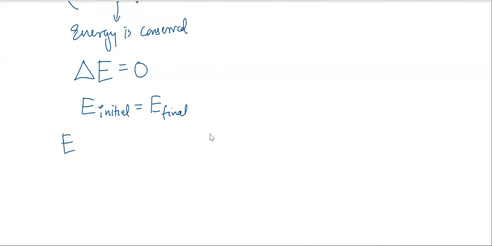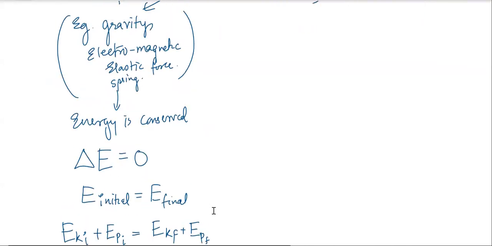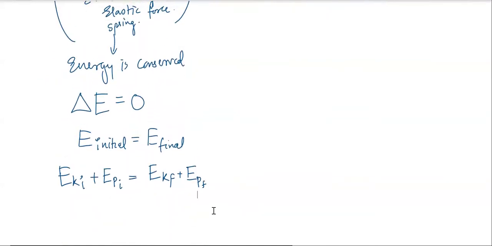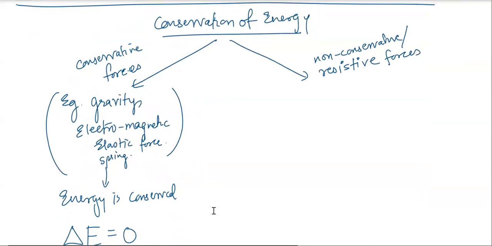So I can write Ek initial plus Ep initial is equal to Ek final plus Ep final. This is true for all those forces because they conserve energy, they are path independent, and you can directly use initial energy and final energy. It is up to you. You can choose any two points as initial and final, and you will get a relationship between those equations.